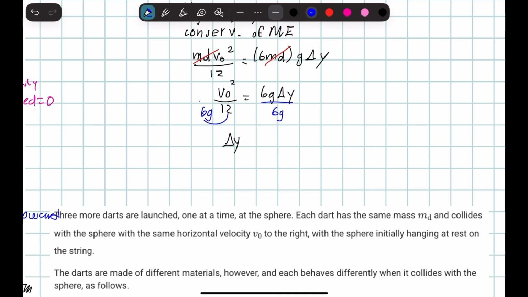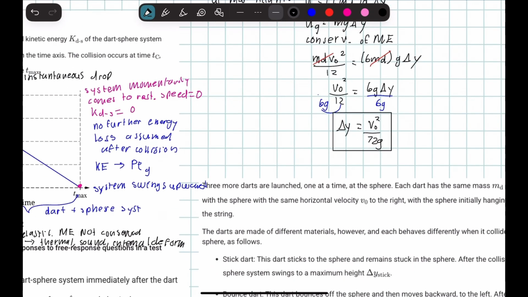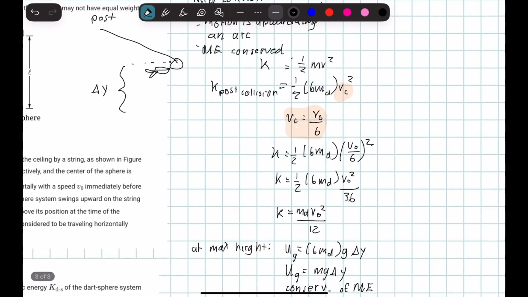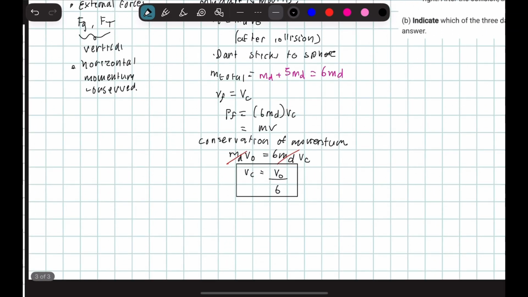So 6 times 12 is 72, and delta y is going to be v initial squared divided by 72g. So we have this delta y, and we box our answers.